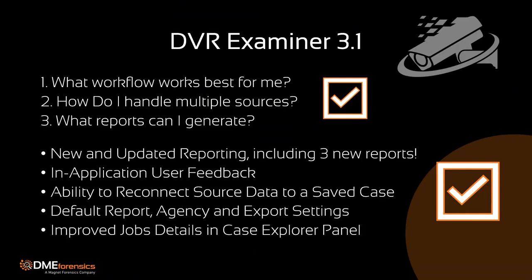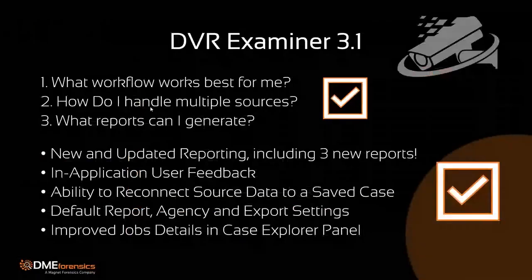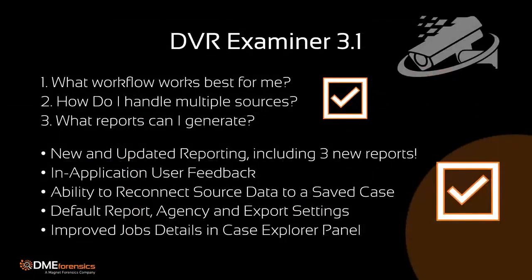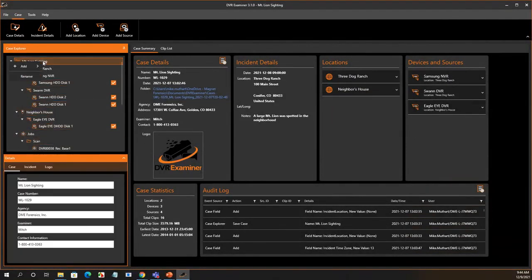And that's one thing I didn't go over. You can add multiple sources, like the case that I loaded the first time that had, I think, 4 sources loaded into it. Loading sources is easy. It's as simple as coming up to your case file and clicking add source as many times as you need to get all of these sources into your case file, or right-clicking your case node and going add source here.